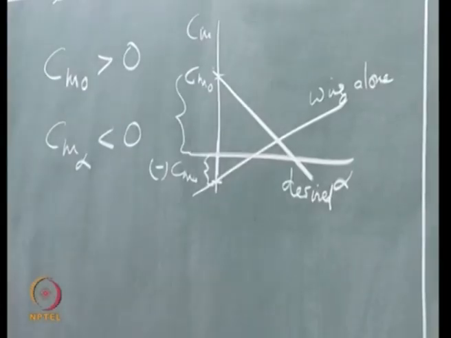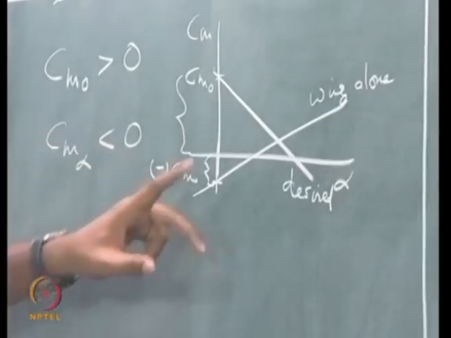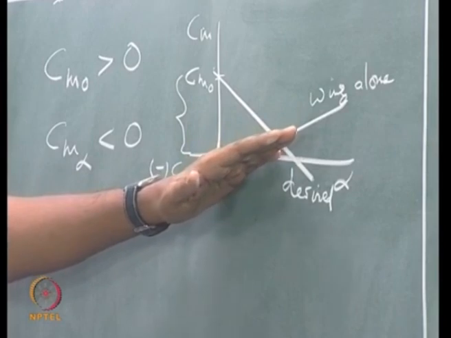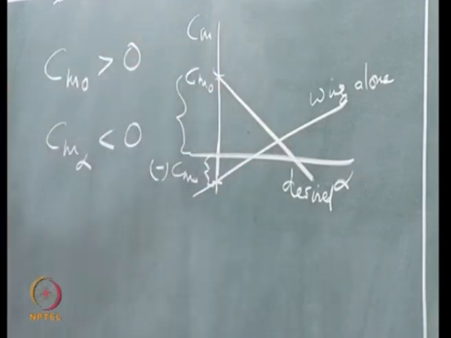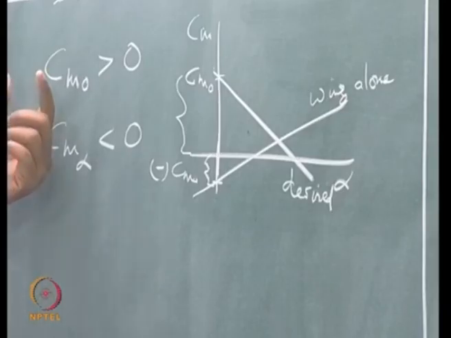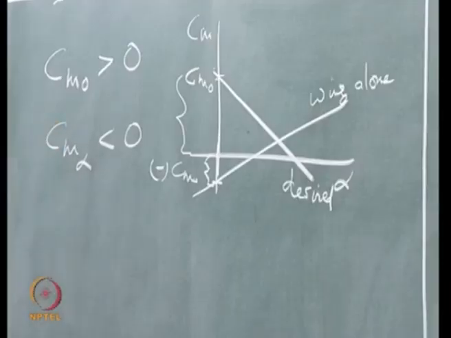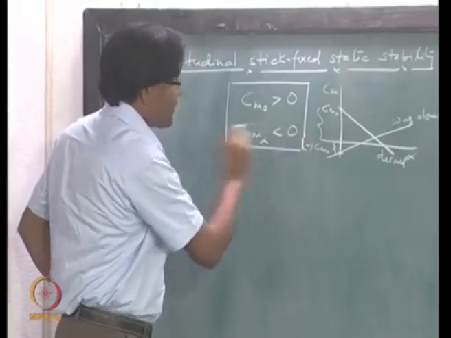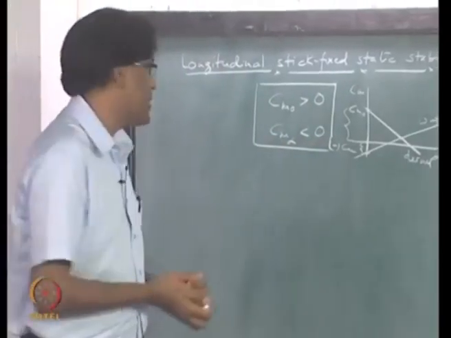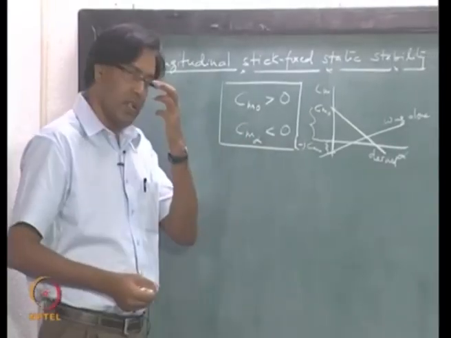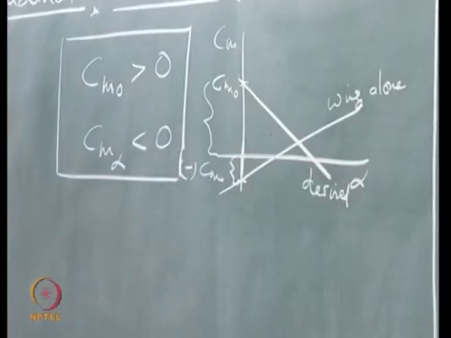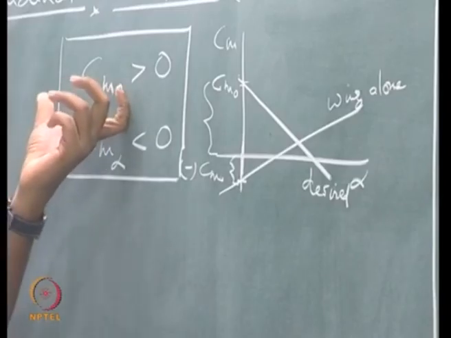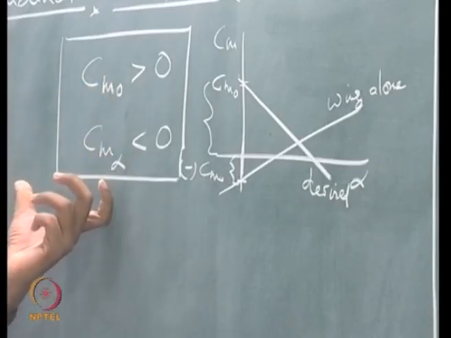Horizontal tail is actually used on the airplane to change this curve to this, right. So, it is actually used to augment Cm naught and Cm alpha, so that this is preserved. You should have the aircraft designed in such a fashion that you have Cm naught which is positive and Cm alpha which is negative, right.